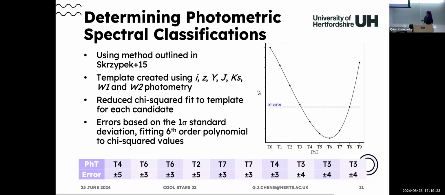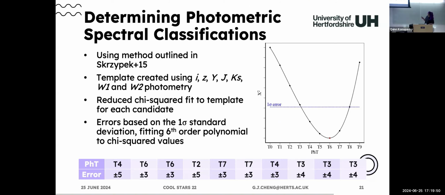Photometric spectral types were found using the method outlined in Skrzypek et al. 2015. We made a template of T0 to T9 across a bunch of different photometry, and did a reduced chi-squared to fit each candidate to the template.